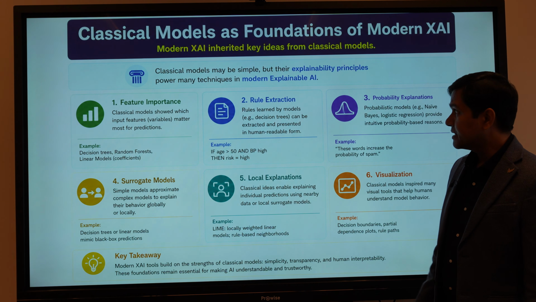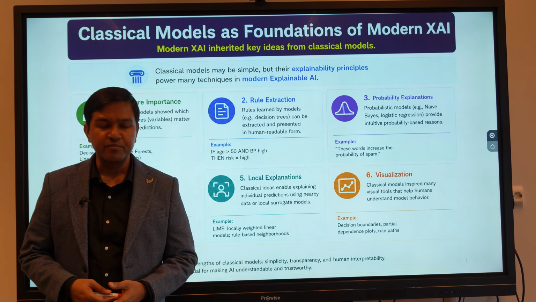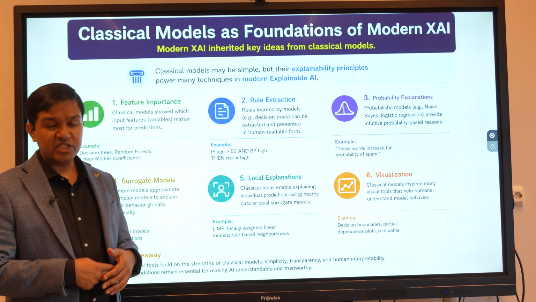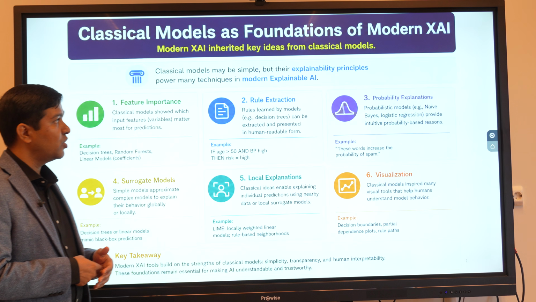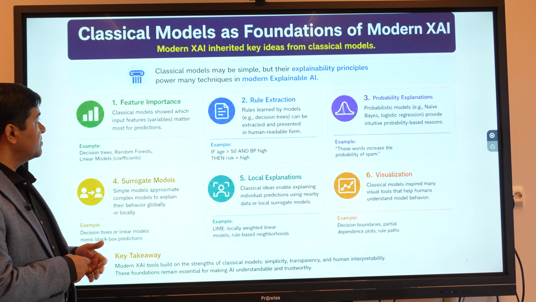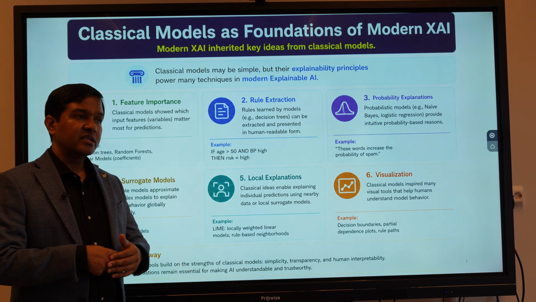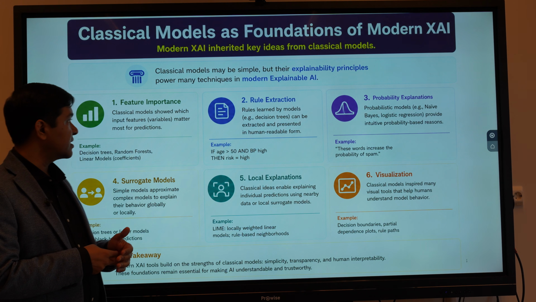So we just saw decision trees, Naïve Bayes, and random forest, which are classical AI models from before deep learning, or modern AI, came up. Now these classical models give usefulness to modern explainable AI methods.